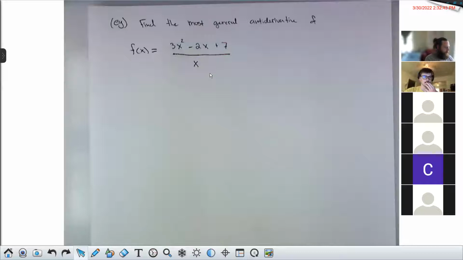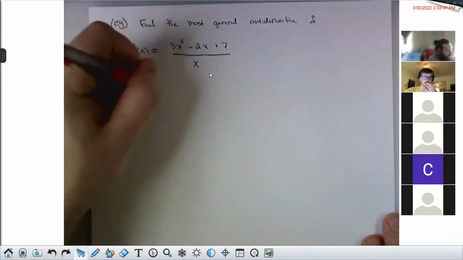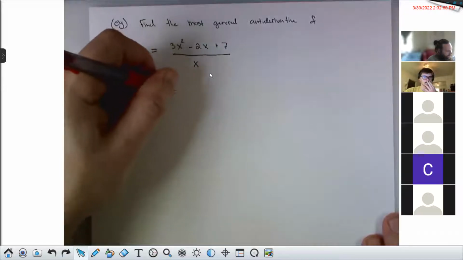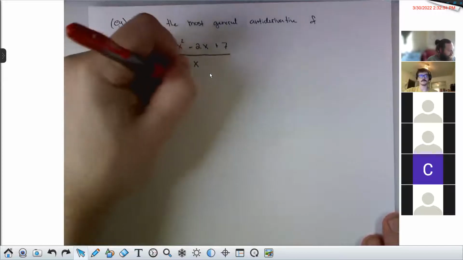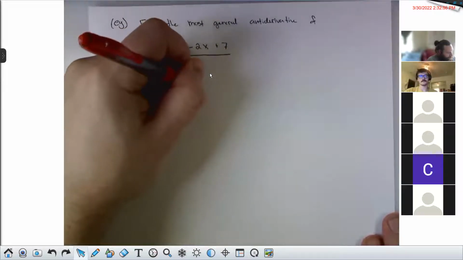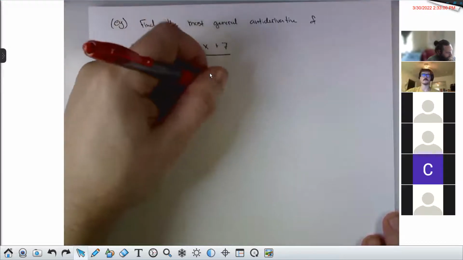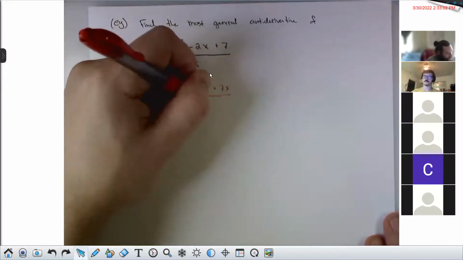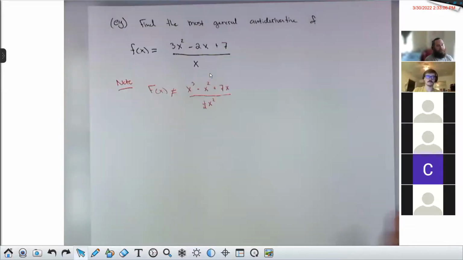So I want to make a quick note. Big F is not what you would get by anti-differentiating each piece. So it's not going to be x cubed minus x squared plus 7x over 1/2 x squared. This ain't going to work. You can't just take the antiderivative top and bottom.